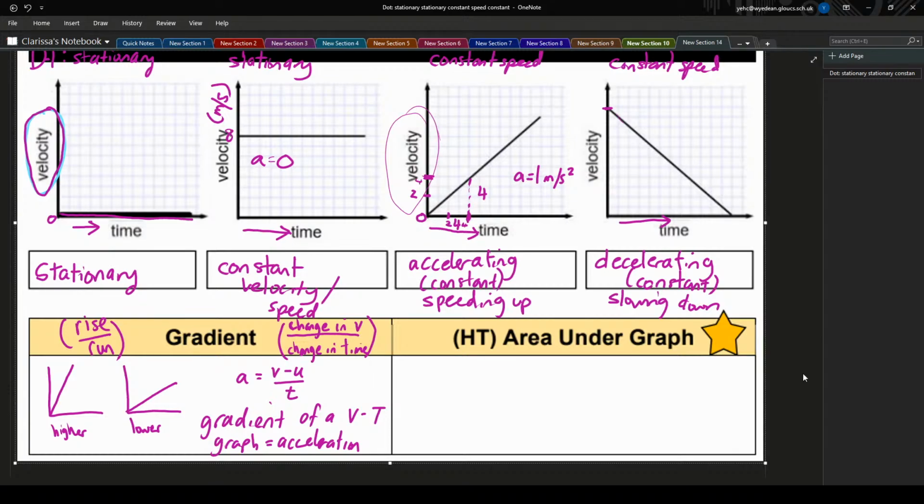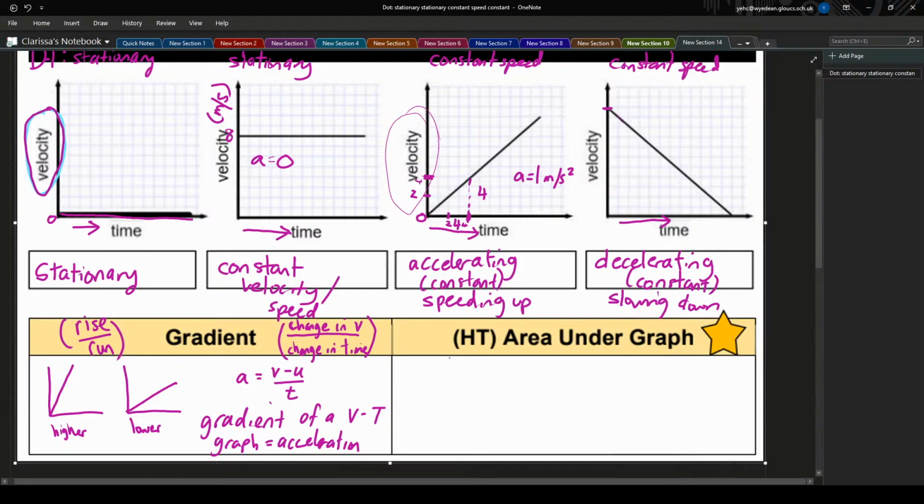Well, that seems a bit difficult, but there is an easy way to do it. And the easy way is all you have to do is calculate the area under the graph. And the area under the graph gives you the distance traveled.